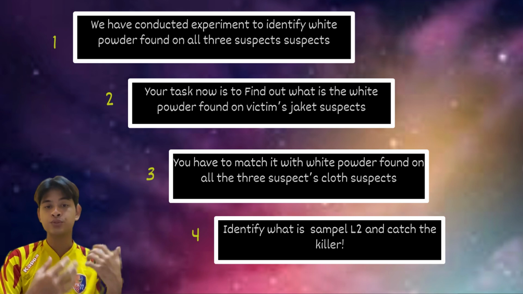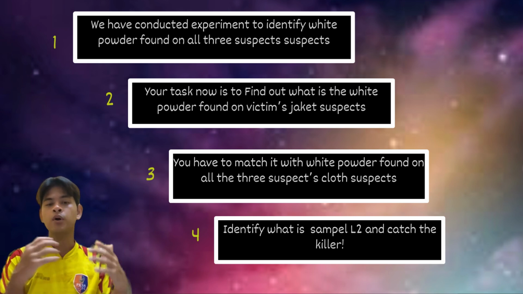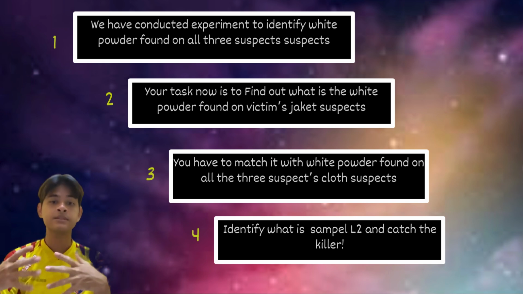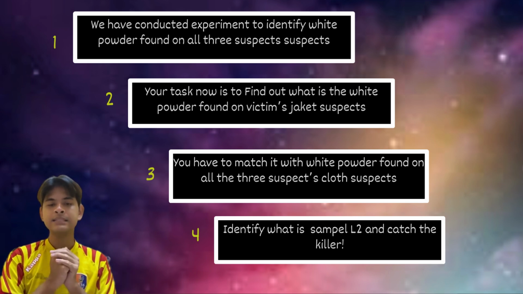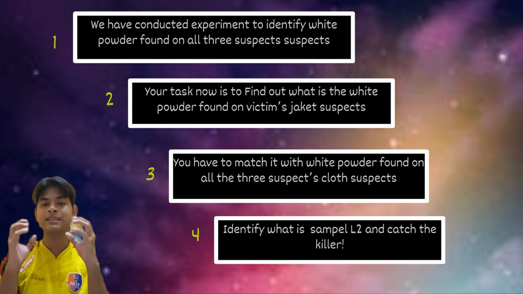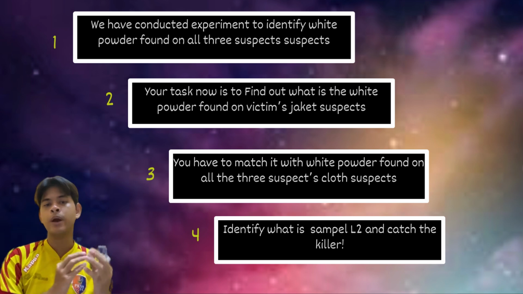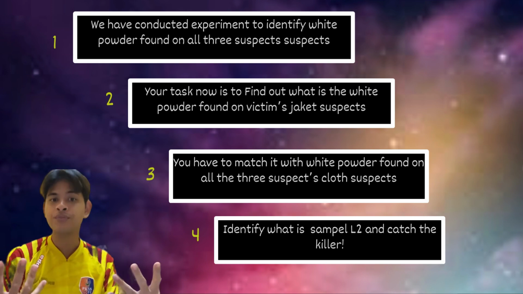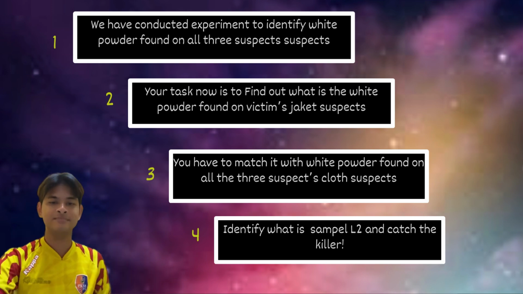They need to test the sample with the materials and apparatus they have been given, and then identify what cation and anions are present in the white powder, and after that they can identify who killed the victim.